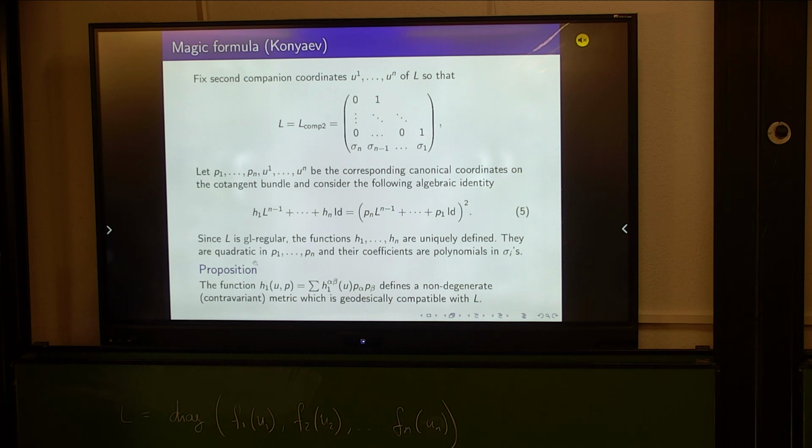So it appears that the first coefficient in this expansion, h1, is exactly the metric which is geodesically compatible with L. It's fantastic news, I would say.